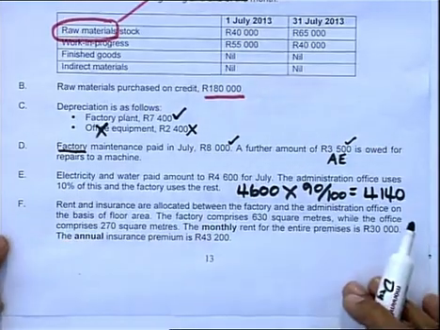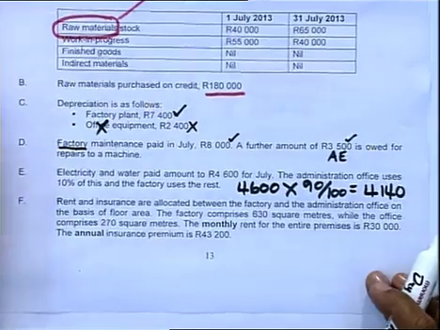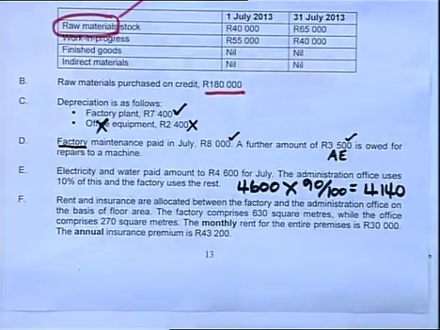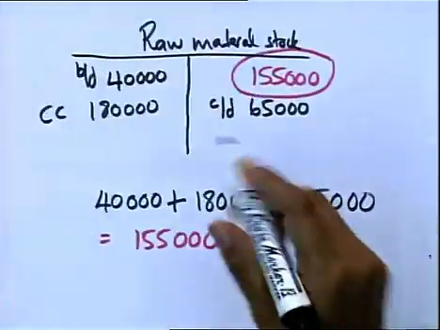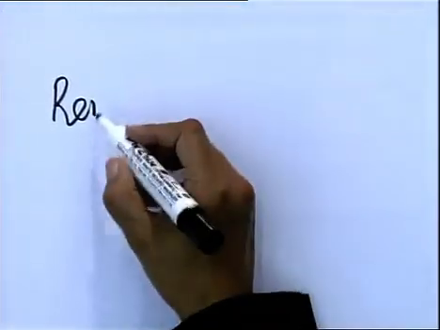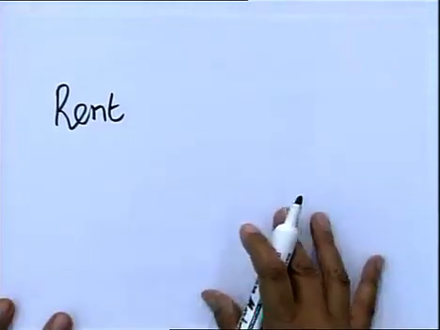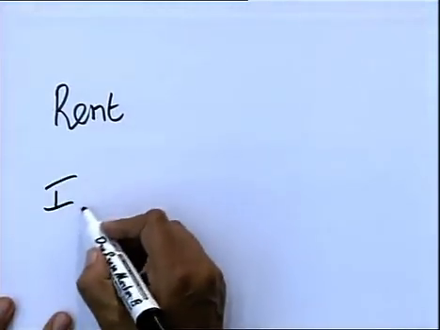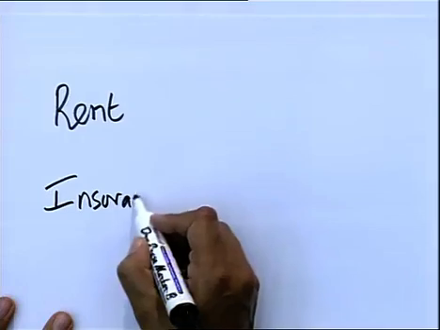Now we are working with a ratio. Okay, so let's just do that quickly. Let me do it on here. Take that one off there. Right, so we're first going to look at the rent. That's a bit too big. Let's look at the rent there. Okay, and insurance here.